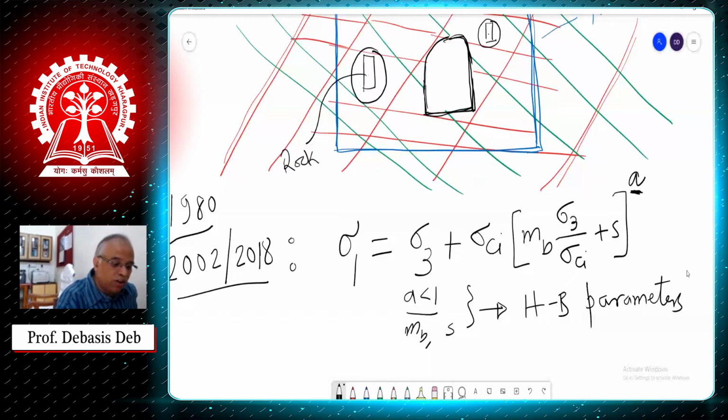Sigma Ci you already know, I discussed yesterday or before, that this is the uniaxial compressive strength of intact rock. This is of the intact, what you test in the laboratory. Sigma 3 you already know what it is. MB, S, A are the parameters. So this is the formula.